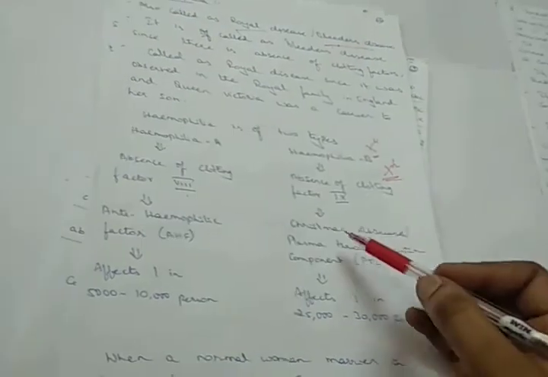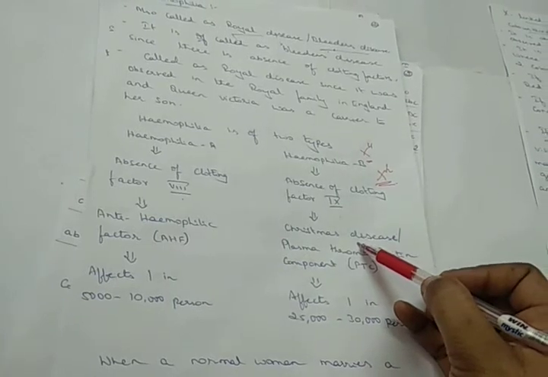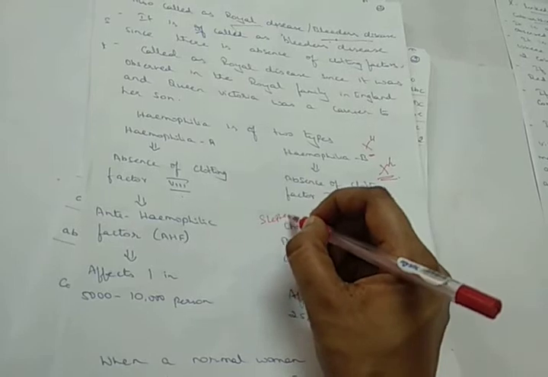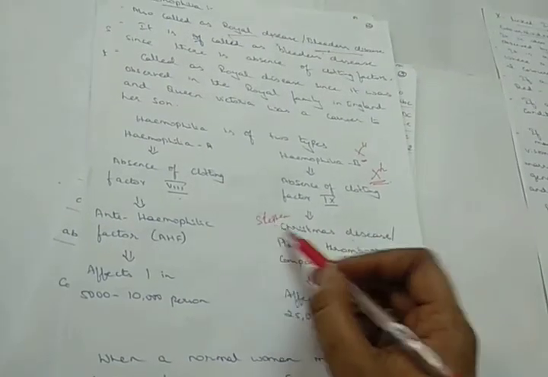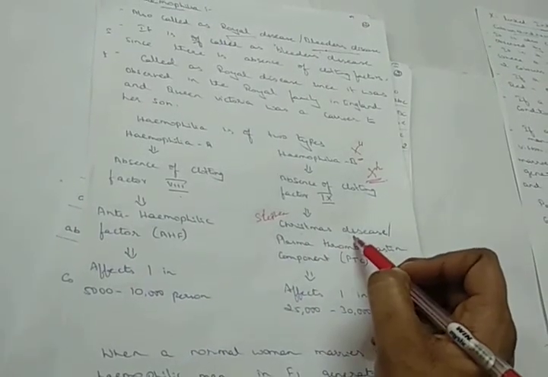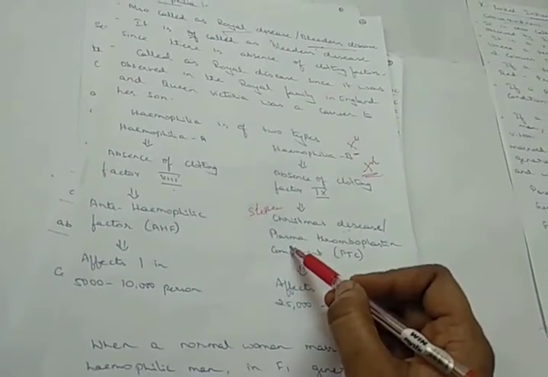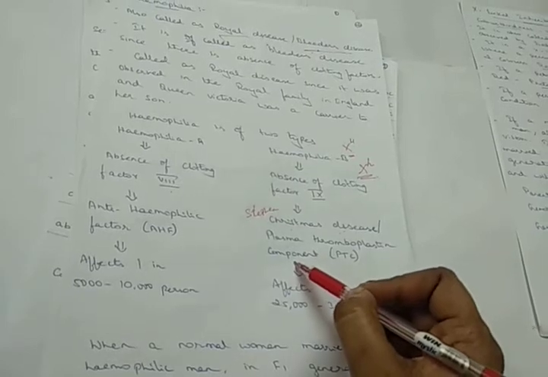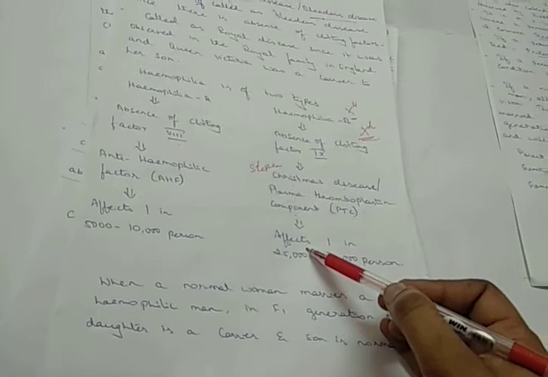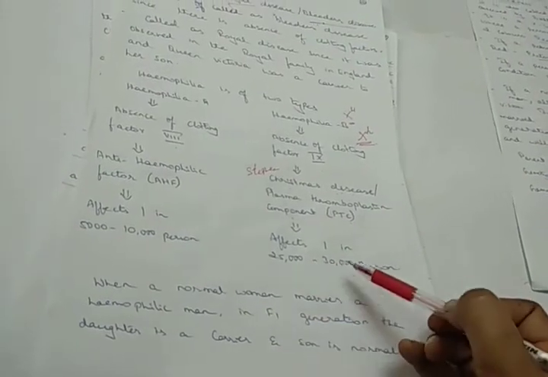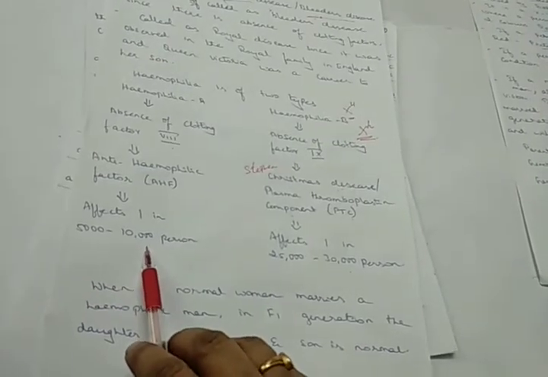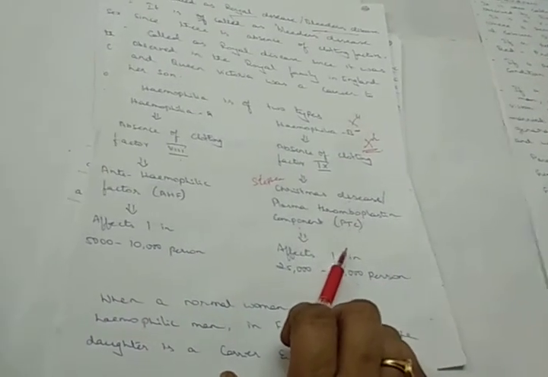It is also called Christmas disease because it was first diagnosed in a person called Stephen Christmas. It can also be called plasma thromboplastin component, PTC, and it affects 1 in 25,000 to 30,000 people. So hemophilia A is observed more than hemophilia B.